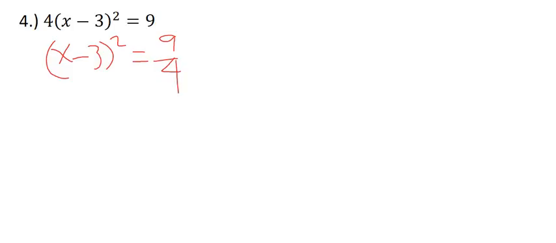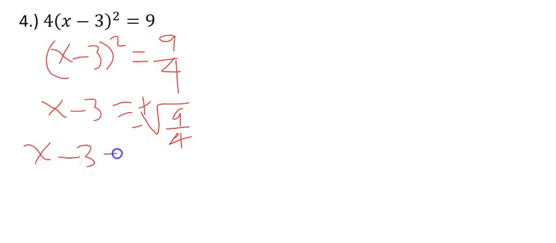Next we take the square root of both sides. So x minus 3 is going to be positive and negative square root of 9 over 4. Square root of 9 is 3, and square root of 4 is 2.